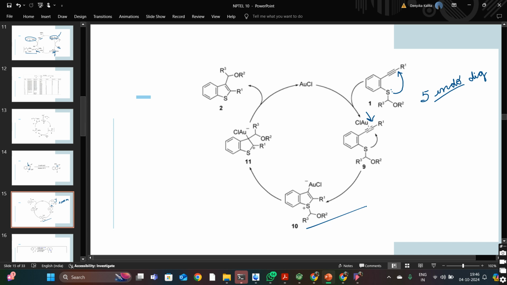Now at this position, what will happen? This double bond is going to attack at this carbon, and your sulfur atom will be neutralized. Okay, so we get the intermediate product 11 because of the alkyl shift. And now the compound number 11 will undergo aromatization, and you can show the aromatization like this, that this proton will be eliminated and your gold catalyst will go away.